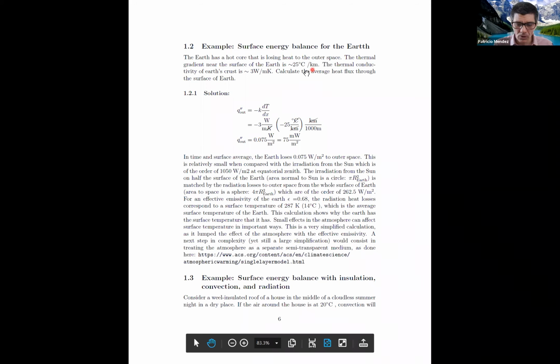So we do have a gradient. We know that the Earth has heat conduction from inside to the outside. And the thermal conductivity of the Earth crust is more or less 3 watts per meter Kelvin. This is tabulated, I didn't make it up.